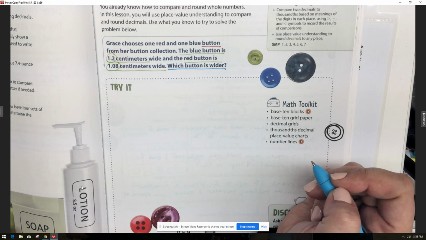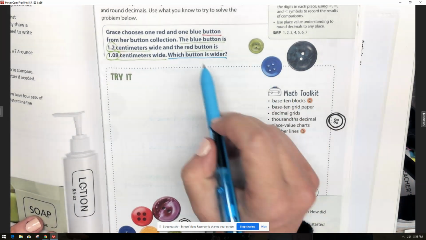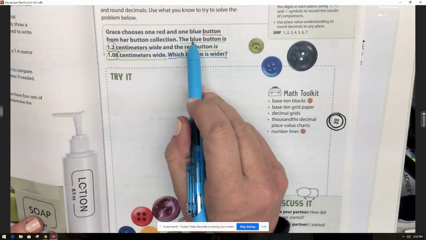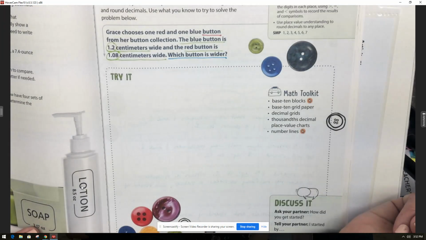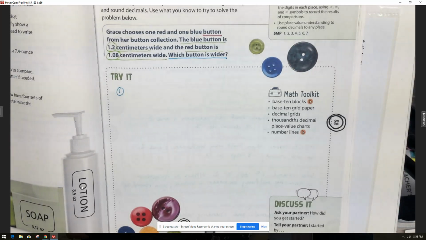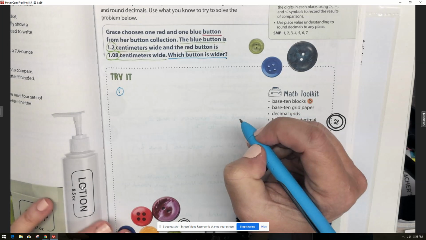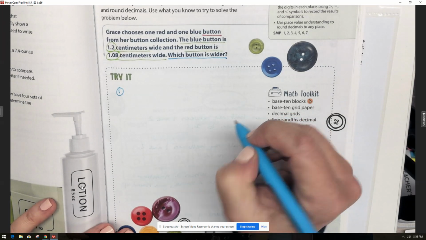Okay, I hope that you tried one of your own strategies to find out which button you think is wider, the red or the blue, or excuse me, the blue or the red. So here is the first strategy that I would use. The first strategy is I would turn both of the decimals into fractions, but I need to make them into equivalent fractions.